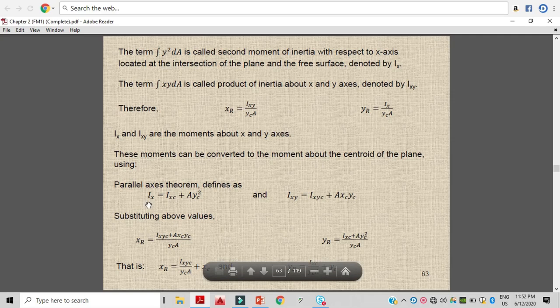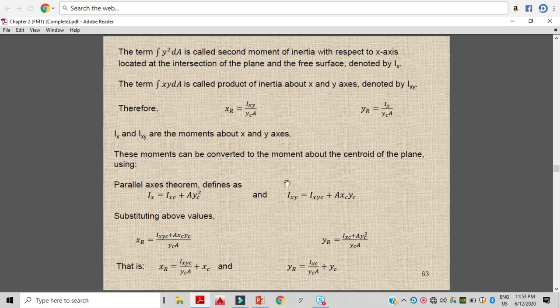So we can write down Ix is equal to Ixc plus A yc square, and Ixy can be written as Ixyc plus A xc yc. So now we are going to replace these terms, this term with this value and this term with this value.